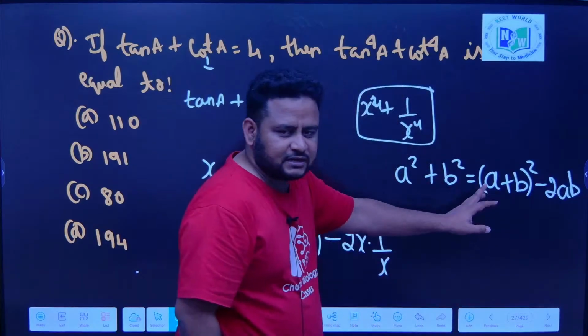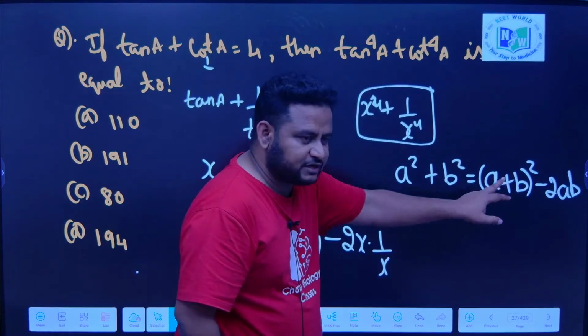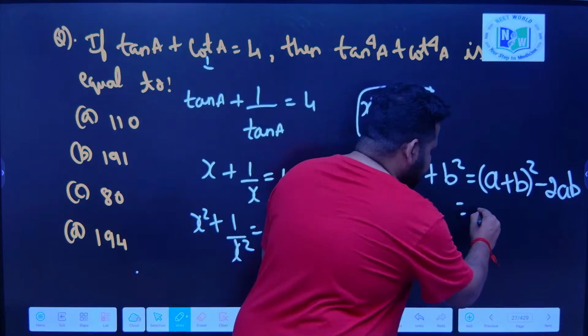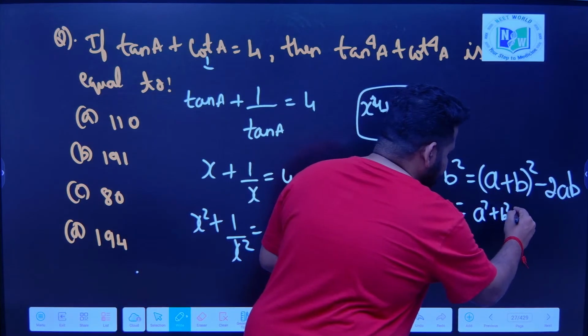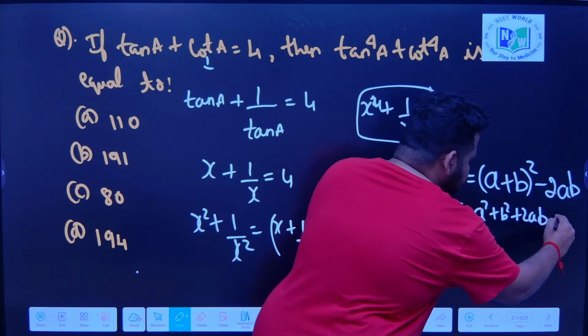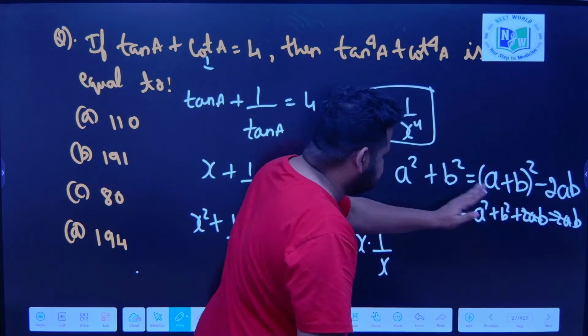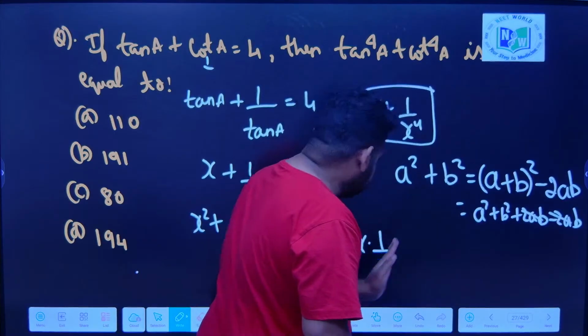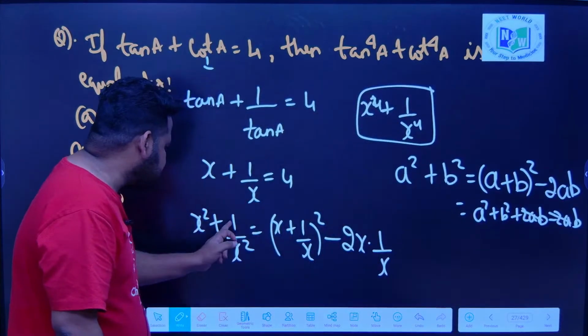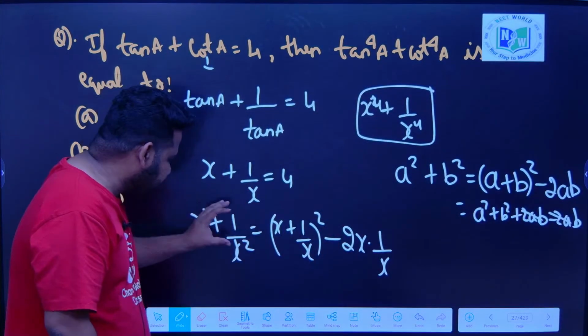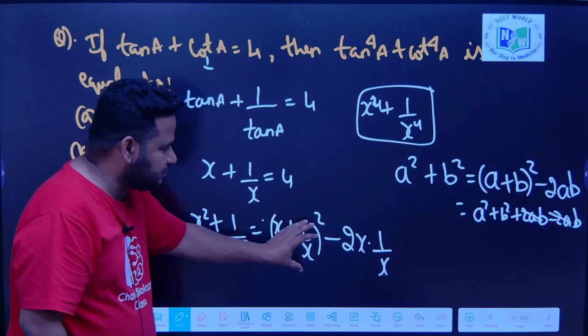If I expand a plus b whole square, I get a square plus b square plus 2ab, and here minus 2ab. So this gets cancelled, and I am left with a square plus b square, which is equal to the LHS. Same thing I have written here: x square plus 1 by x square can be written as a plus b whole square minus 2ab.